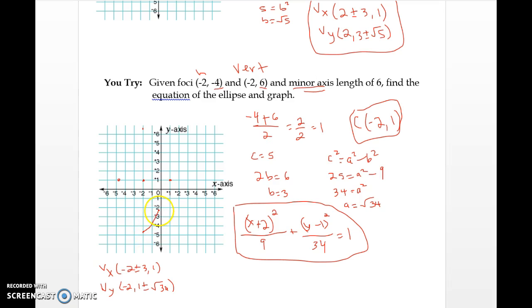I'm going to connect all 4 of my vertices. I'm going to throw in my foci, (-2, -4), down here. This is my center. And my other foci, which are given up here, (-2, 6). So really, really close. And now you have graphed it. So I hope you got this answer. This is the end of the section and the videos.